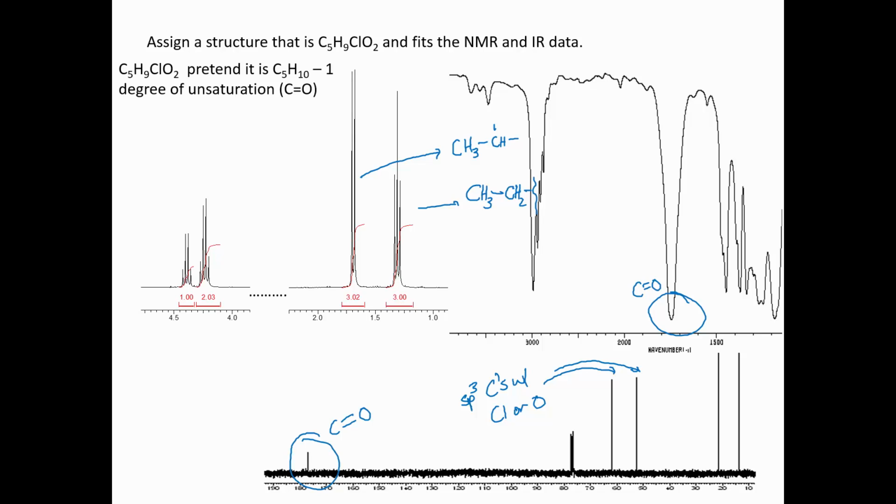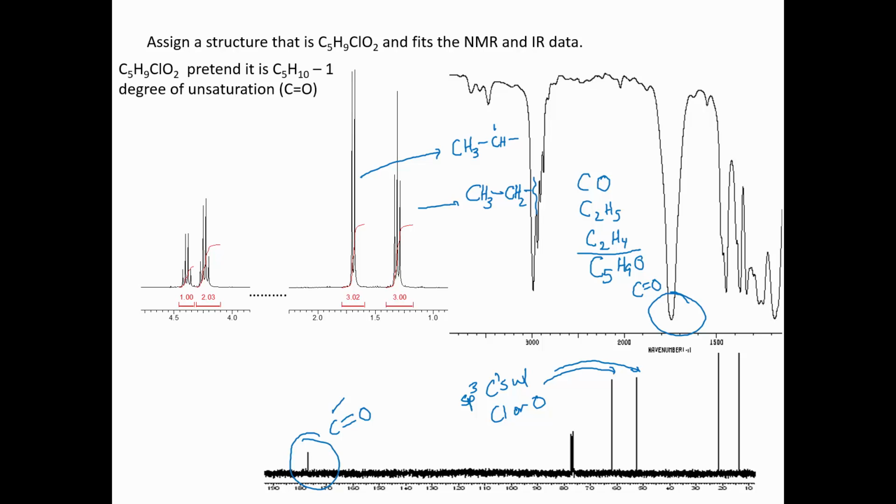So let's look at the inventory here. We found this carbon and 2 ethyl groups. So what have we found so far? We found CO, C2H5, and C2H4. If we add this together, C5, H9, and an oxygen.